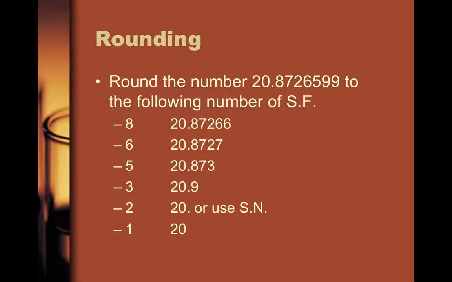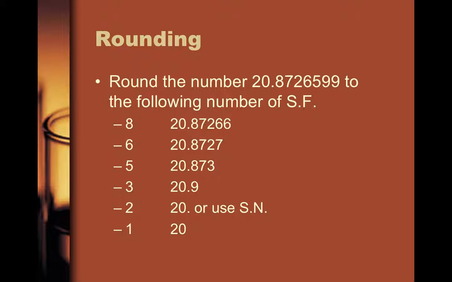If it's 4 or lower, we round down. So in the case of 3 significant digits, we would have 20.87, and the 7 would round the 8 up to a 9. In the case of 4 significant digits, we would have 20.872, and the 2 would round off, giving us 20.87.